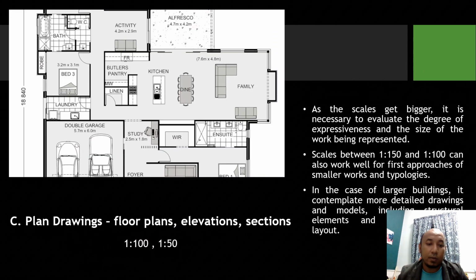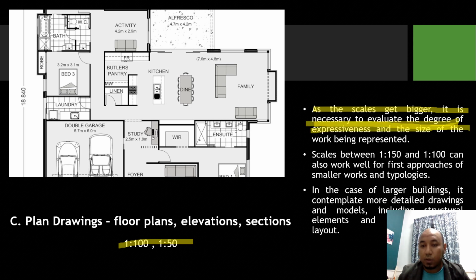Okay, for the plan drawings: floor plan, elevation, section. Okay, the ratio here. As the scale gets bigger, it is necessary to evaluate the degree of expression and size of the work as represented. Scales between 1:50 and 1:100 can also work well for the approach of smaller works and typologies.